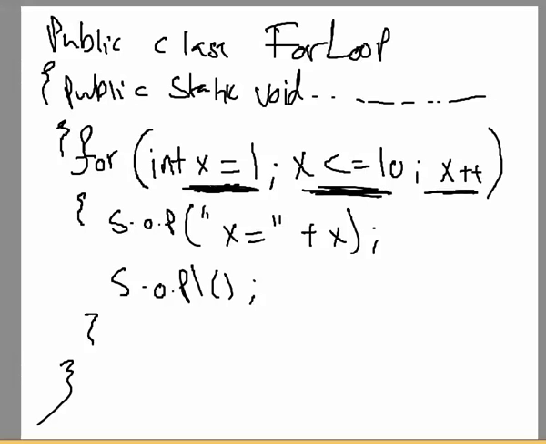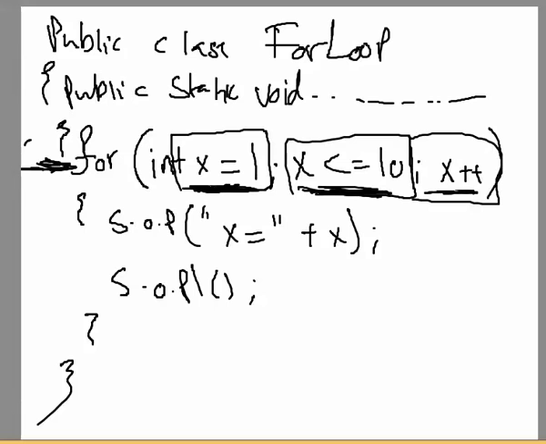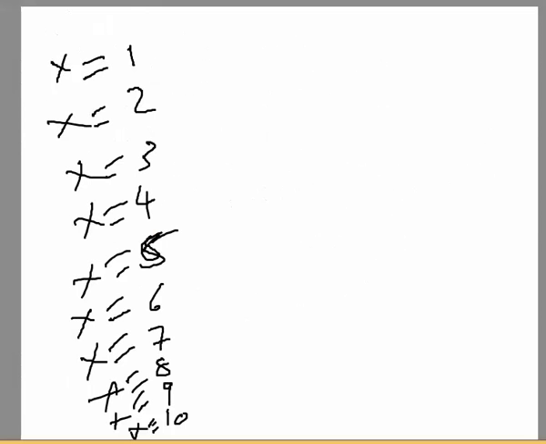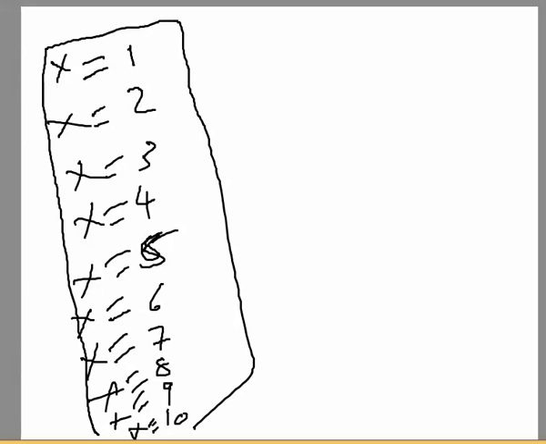Now the program will go to the for. It will set the first value, it will set the end value, and it will do the increment straight away. Then it's going to see what's inside the body. So it will print out exactly the same as what we had here, right? x equals 1, 2, 3, 4 until we get to 10. Okay, is this clear?